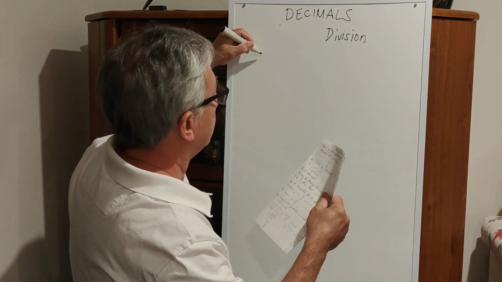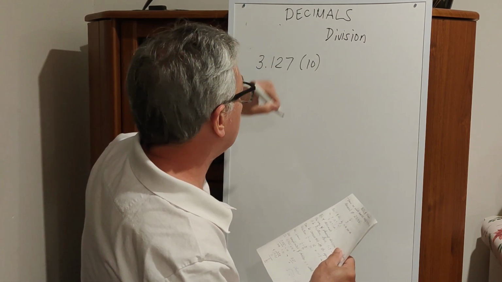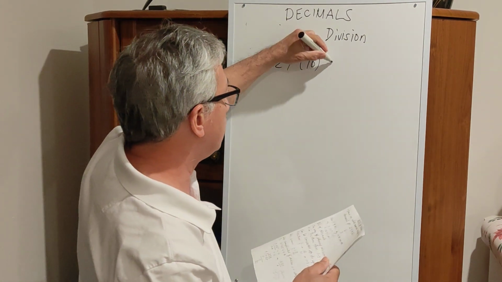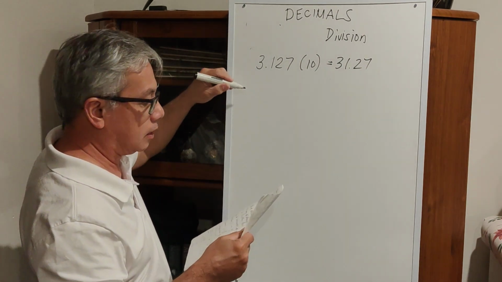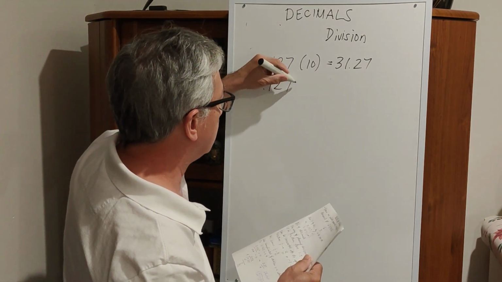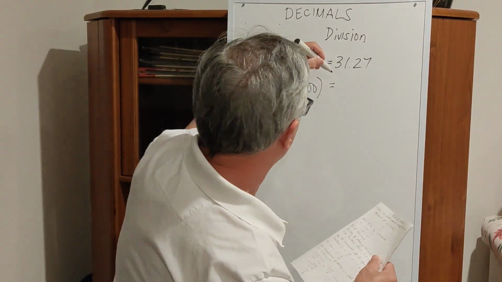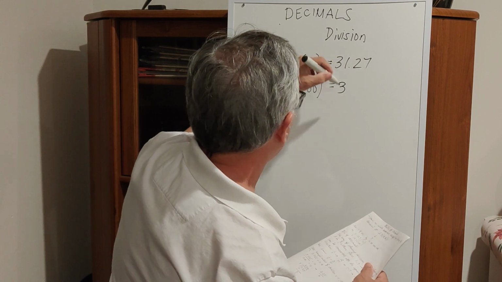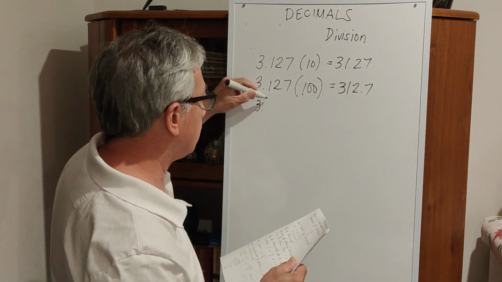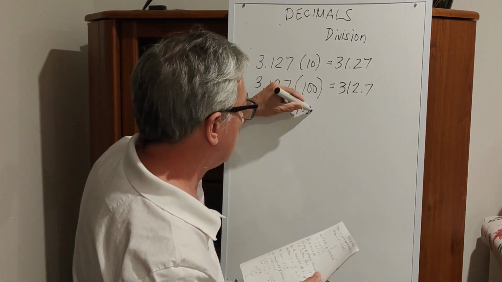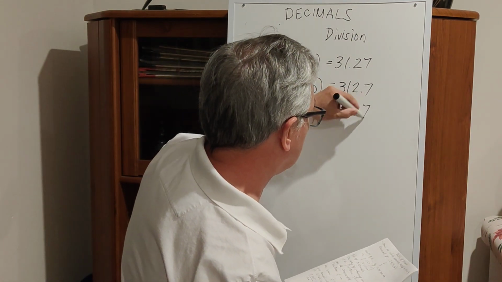Like 3.127, if you multiply it by 10, the answer will be 31.27. The same number, 3.127 multiplied by 100, the answer will be 312.7. And if you multiply the same number by 1000, this will be 3127.